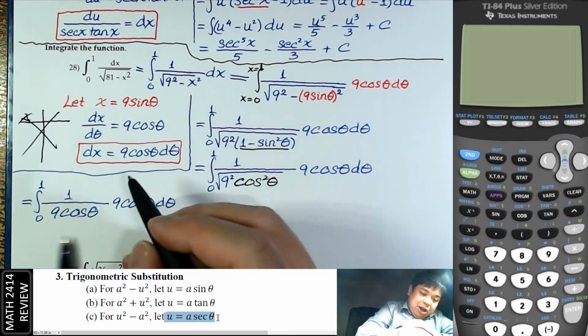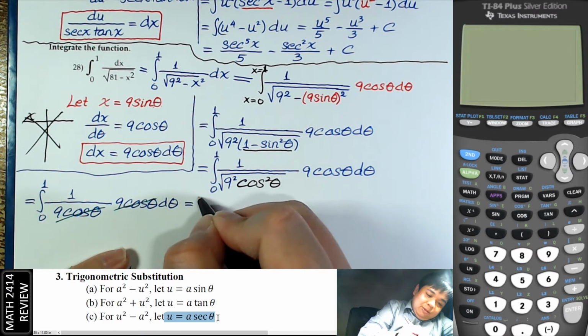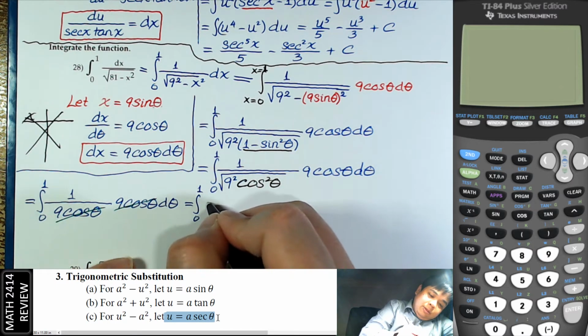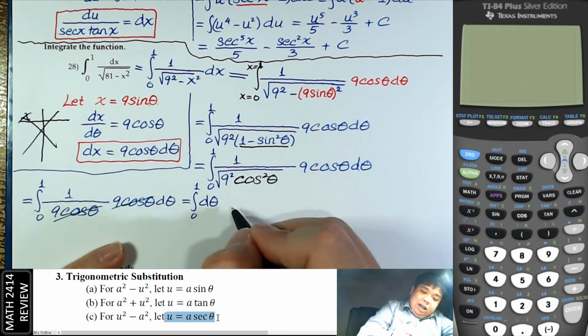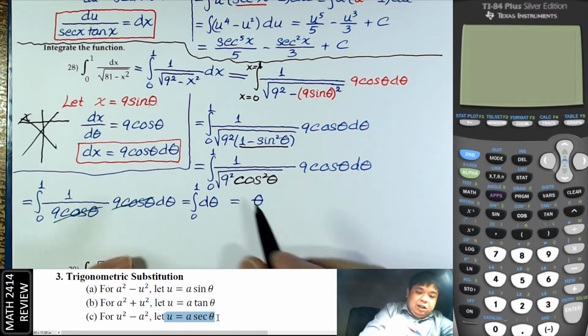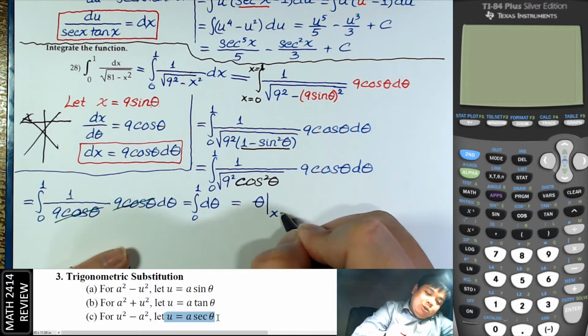Oh, that cancels out nicely. Cancel everything. And so that just gives us theta. Integral of d theta, just theta, going from x equal to 0 to x equal to 1.